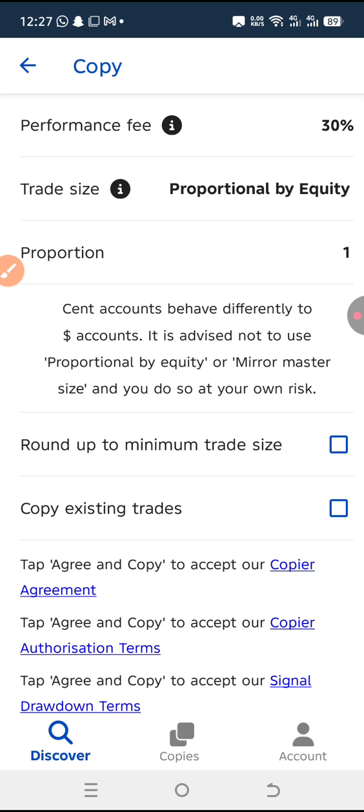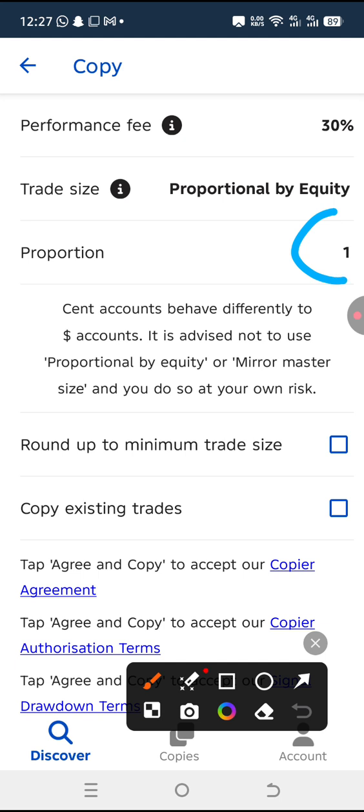Now, talking about our strategy, mostly if you're trading between $100 and $500, sorry, between 10,000 and 50,000 cents, you choose proportion as one averagely.